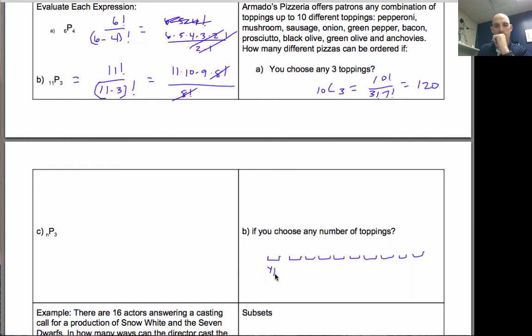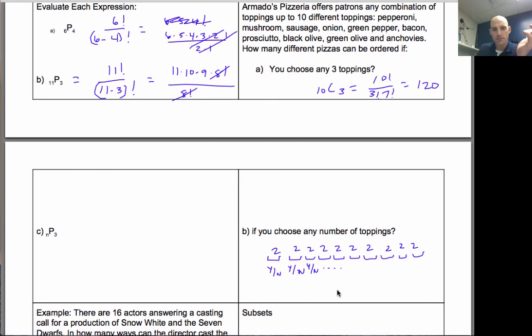This is a yes or a no, a yes or a no, a yes or a no, etc. So in each bin now, I'm making 10 choices. You're going down the line and you are telling them what you want on the pizza. But essentially, if you tell them pepperoni, mushroom, and sausage, nothing else, then you said no to 7 other things. You really have 10 choices, right? Do I put it on or not?